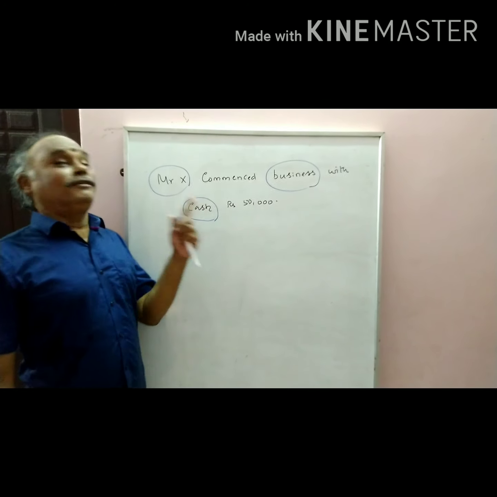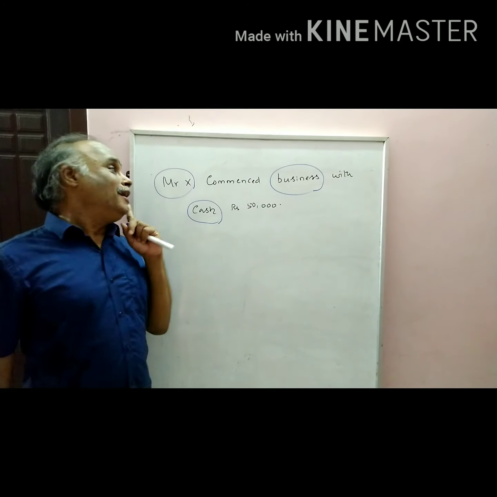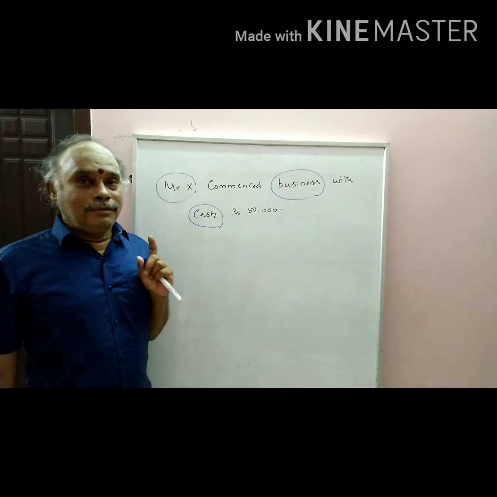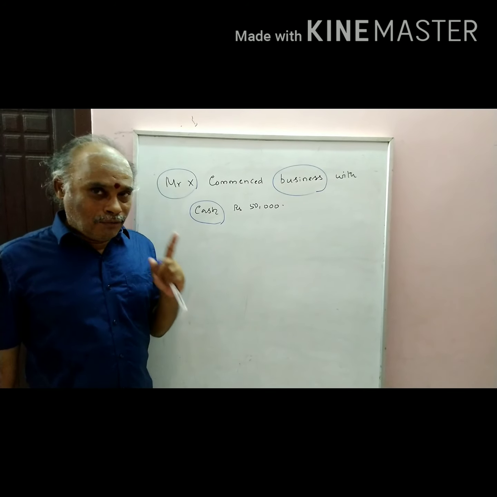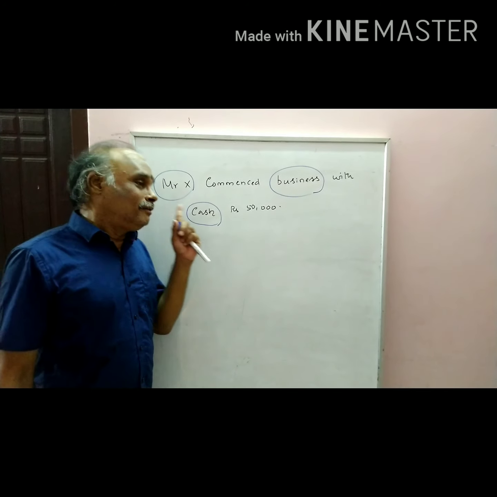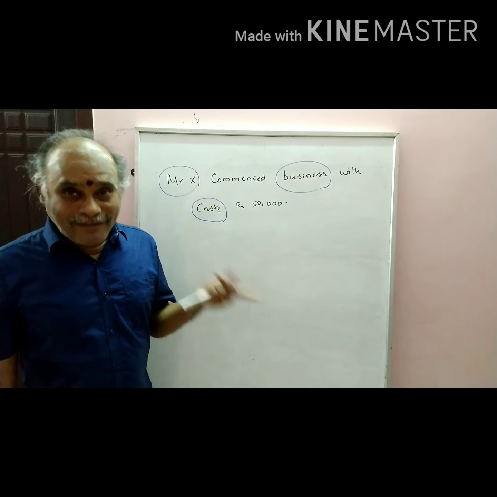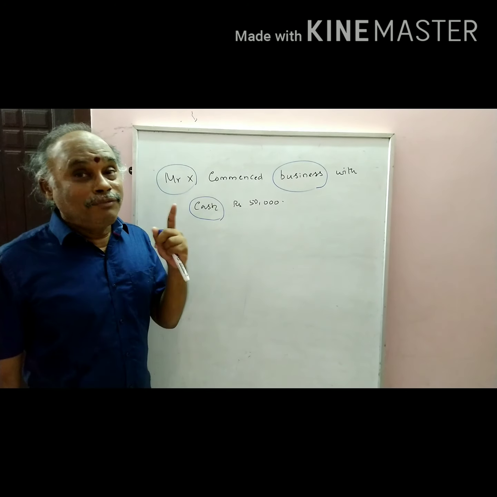But the very first transaction I have started is having three nouns. Confusion. Now again, for our understanding, we must take only two nouns. We should not take three nouns. Again, violation of the basic dual aspect concept.